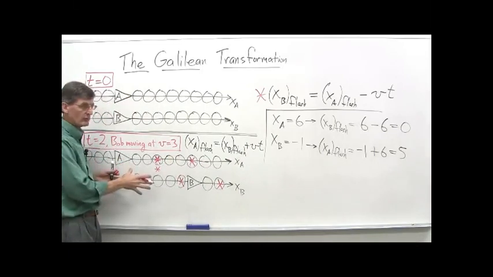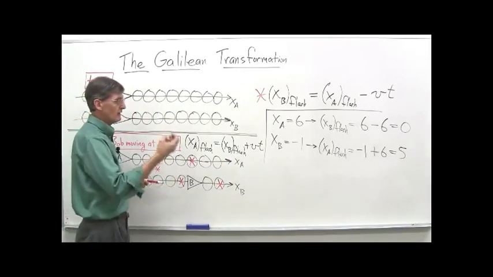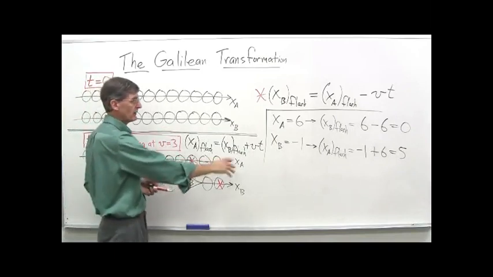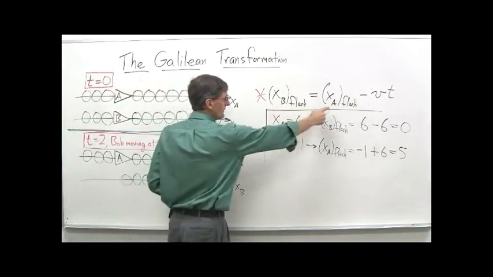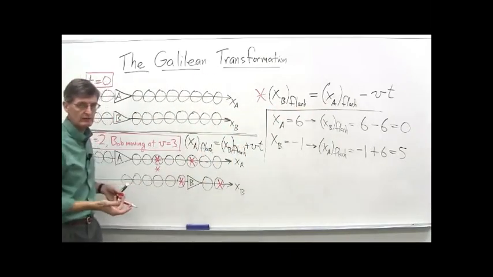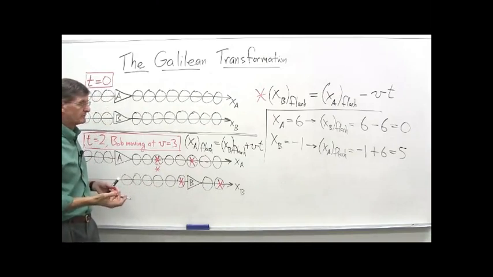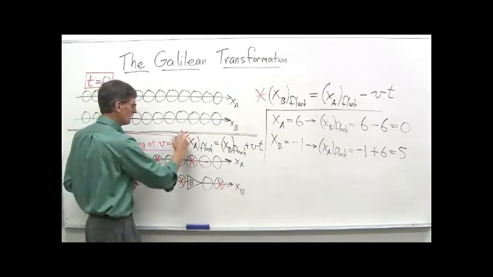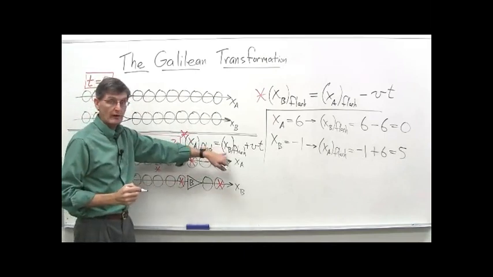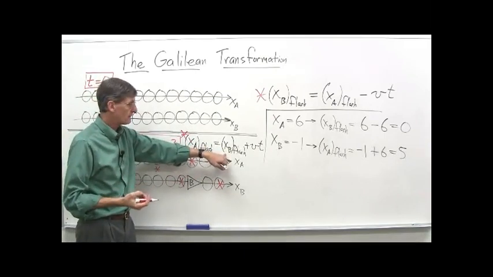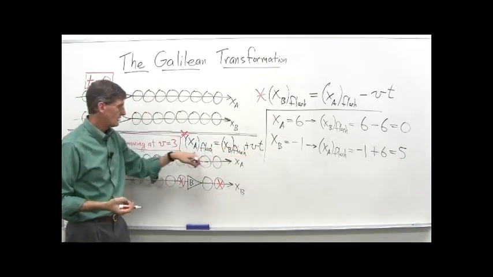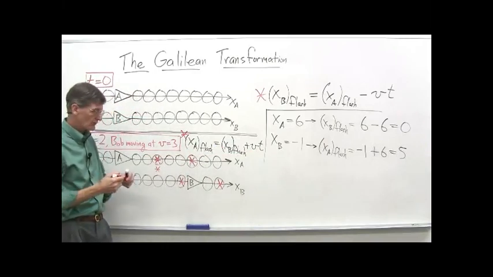And then given that situation, we can say, okay, if I have something in Alice's perspective and I need Bob's location, this is the equation. I subtract VT from Alice's location. Or, here's the other one right here, if I'm given something from Bob's perspective, his frame of reference, I add VT to get Alice's location of that.